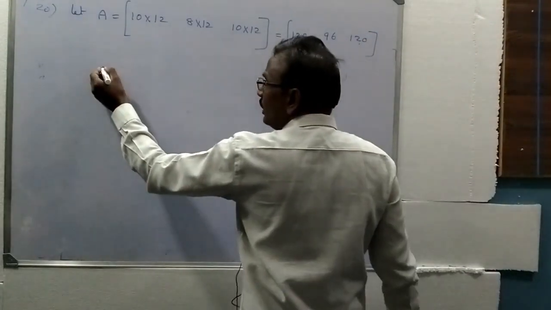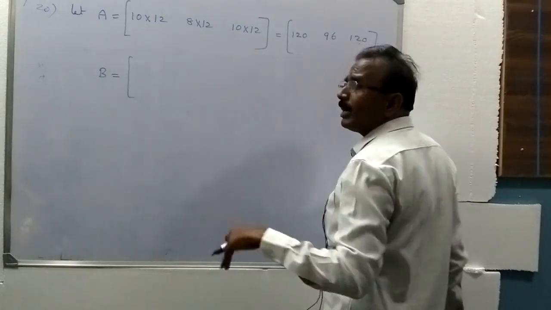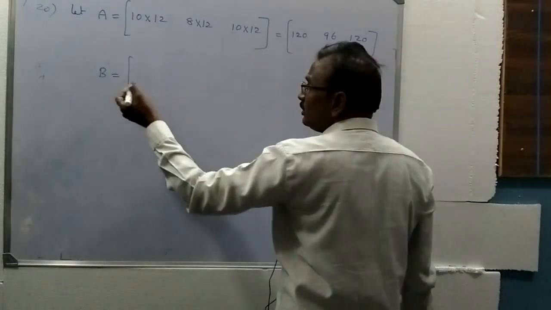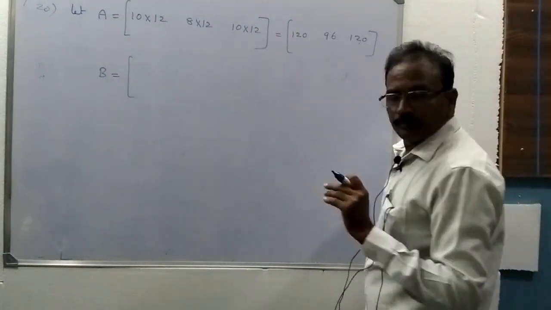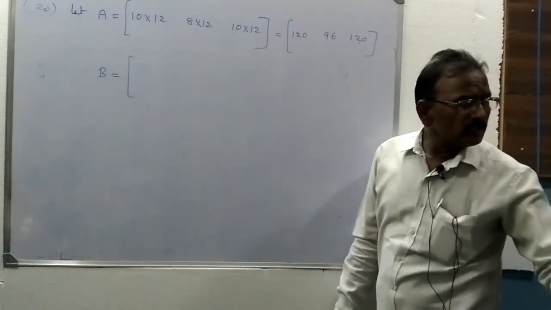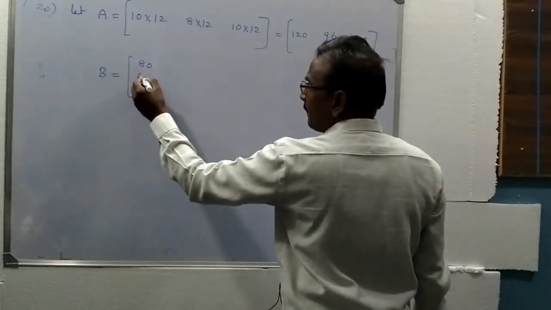Cost price: let B be the cost price. If one matrix is a row matrix, take the other matrix as a column matrix. Here the cost of one chemistry book is 80 rupees, then 60 rupees and 40 rupees. So 80, 60, 40.